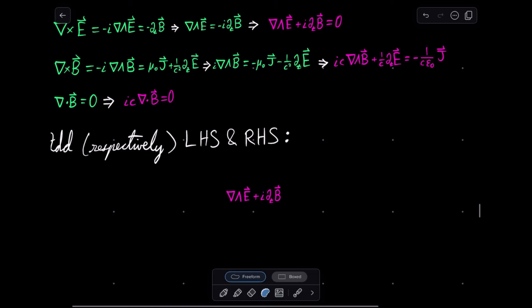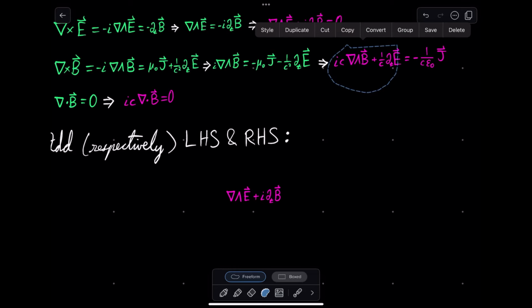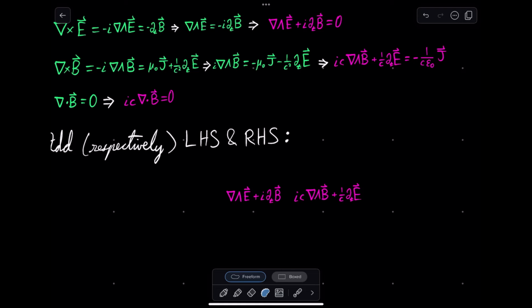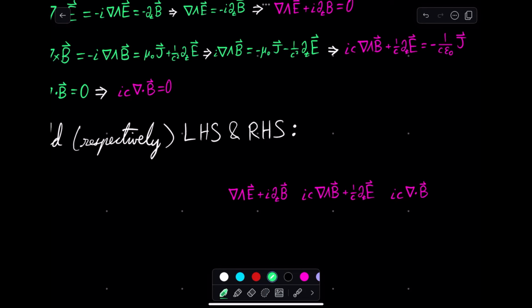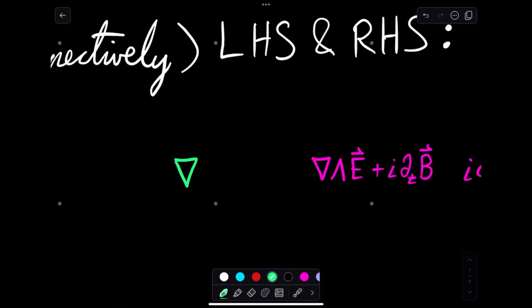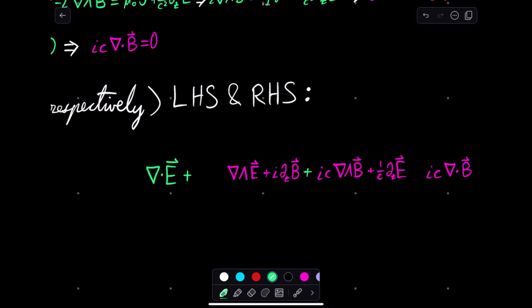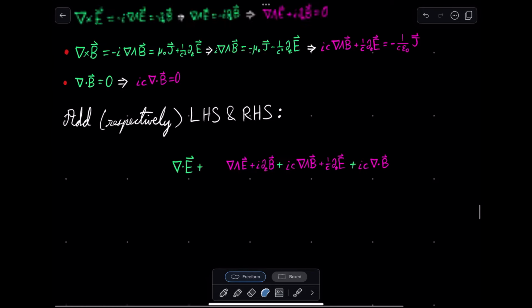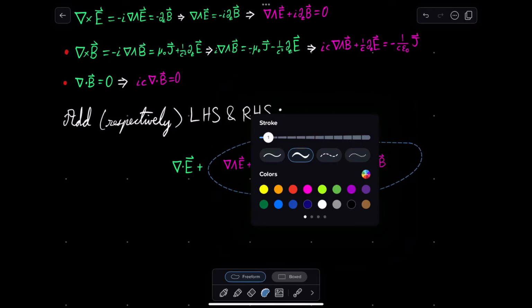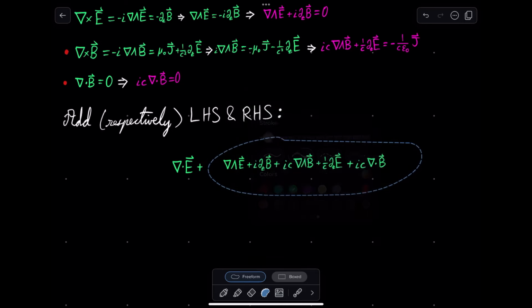And then I will also steal these. And then this. And then I'm going to just write the divergence of E. Then add all these plus signs. Then just to make everything cleaner, I'm going to put it back into this color.